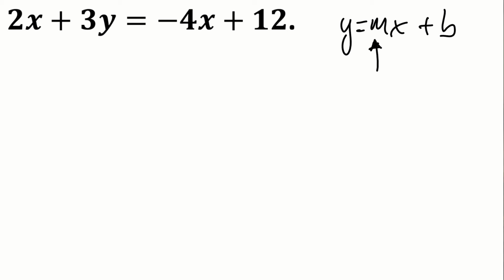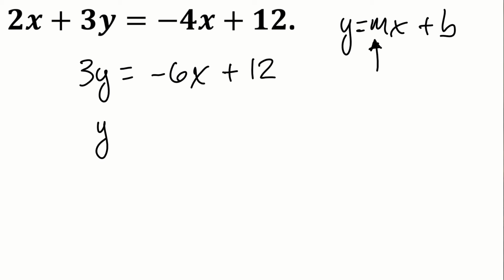If I subtract 2x from the left-hand side, this becomes 3y =, and if I subtract 2x from the right-hand side, I've already got a negative 4x. Minus 2 more gives me negative 6x, plus 12. And then the final thing I'm going to do is divide every single term by 3. So 3y divided by 3 is y, negative 6x divided by 3 is negative 2x, and 12 divided by 3 is plus 4.